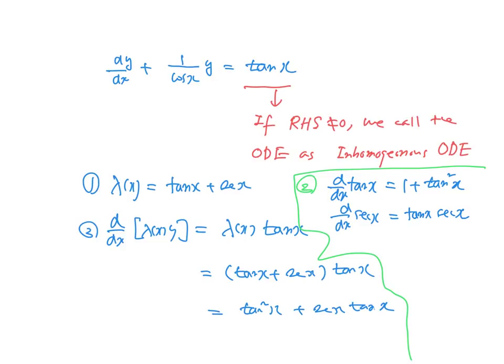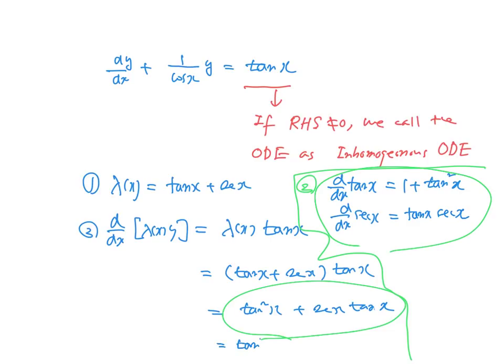So let's compare with this and this. I guess we can do nothing, right? Add 0. So we can transform this into tangent square x plus 1 plus secant x tangent x minus 1, right?